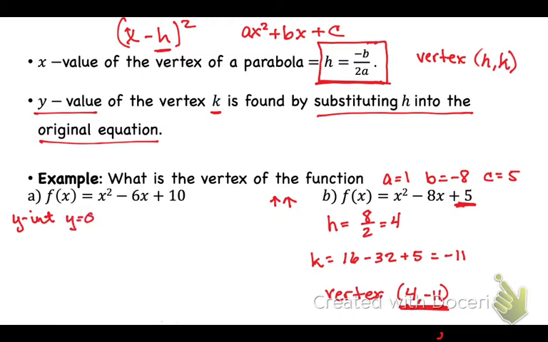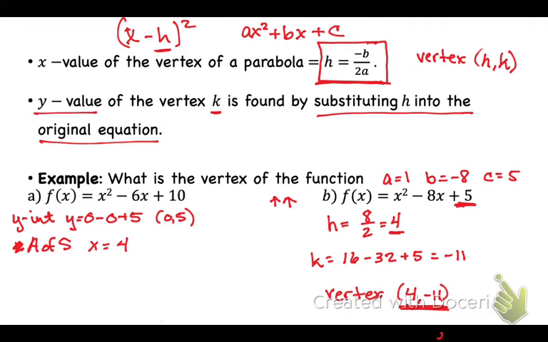So it'd be 0 minus 0 plus 5, so it'd be 5. So the y-intercept is 5. Was this for the second problem? Yep. What's my axis of symmetry? It's just x equals 4. Yes, because it's the h.